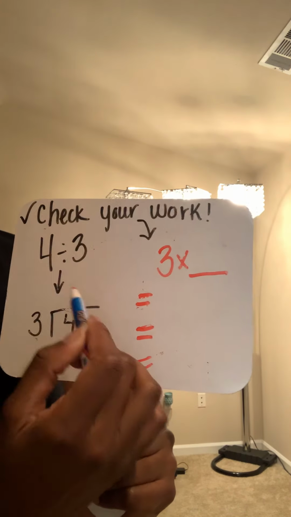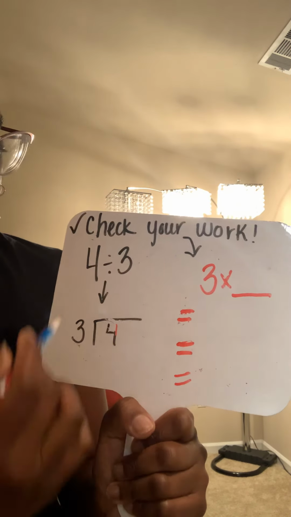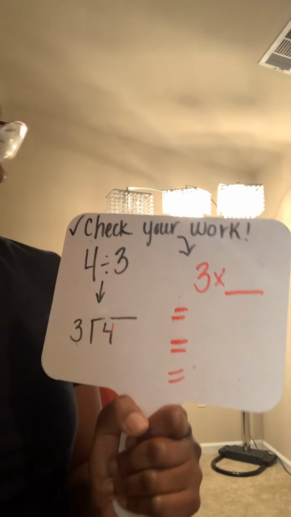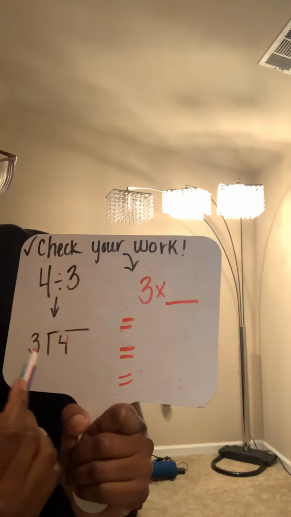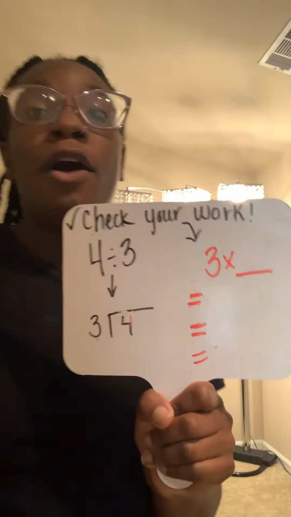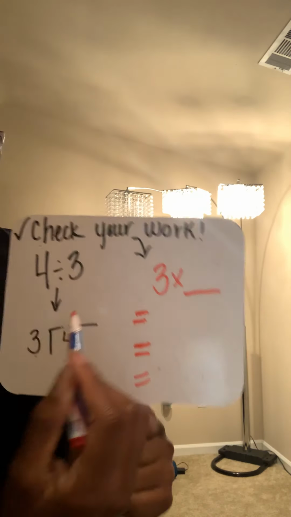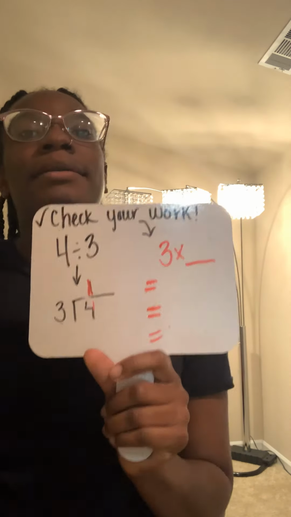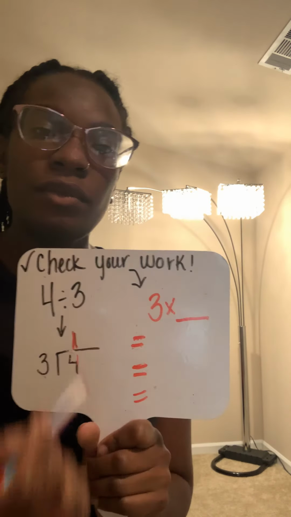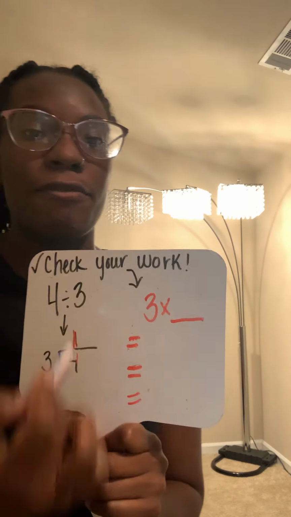When I set my house up, we've got our 3 outside the house and our 4 inside the house. We know when we're dividing, 3 goes into 4 one time. So I'm going to place my 1 on top of my 4. Now this is where we're going to incorporate our fraction.